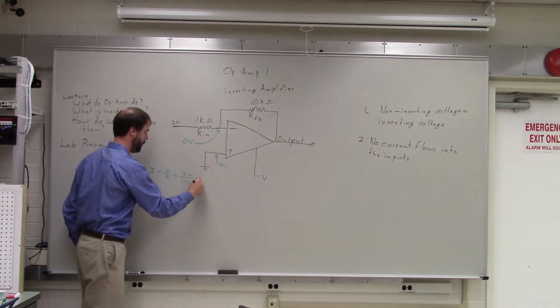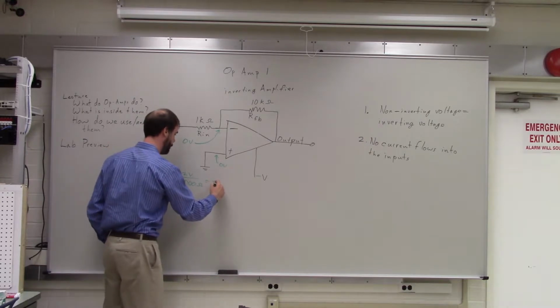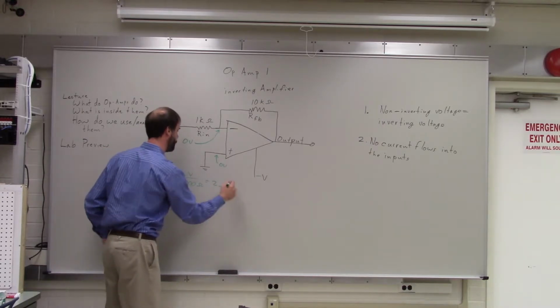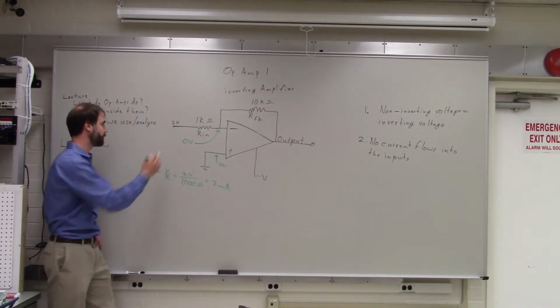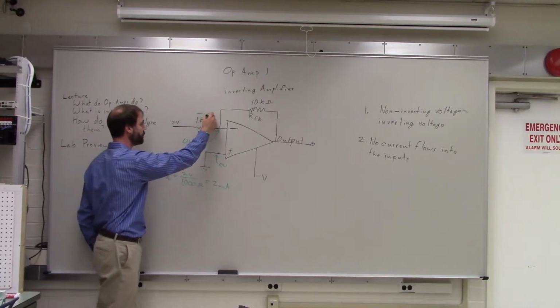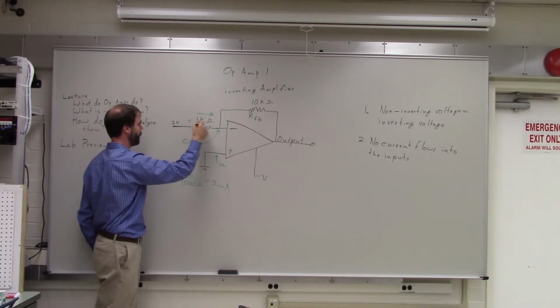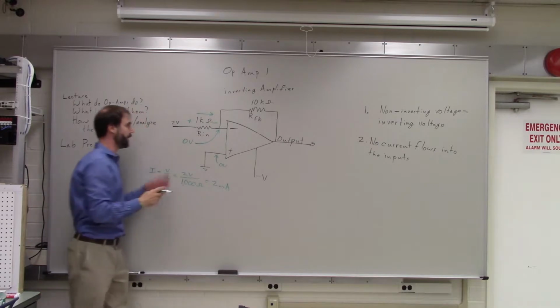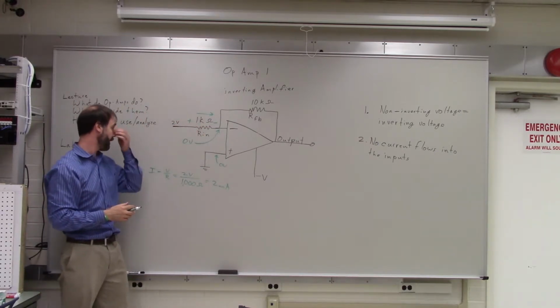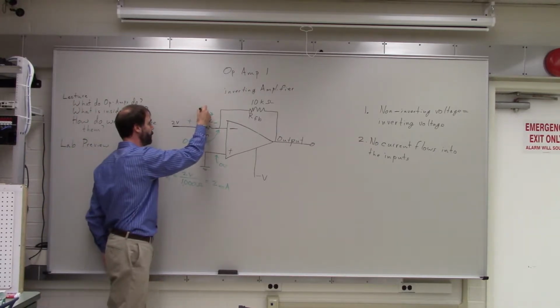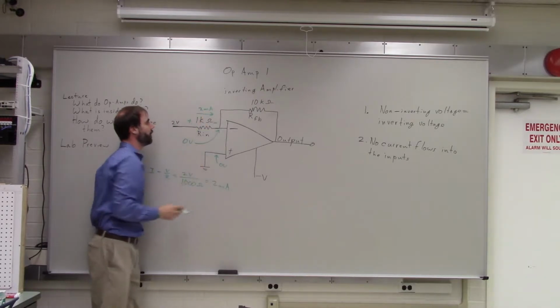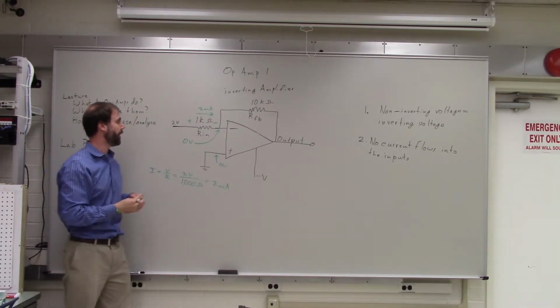So that comes out to be 2 milliamps flowing through there. So we have the left-hand side of the resistor more positive than the right-hand side, so we have 2 milliamps flowing from left to right.